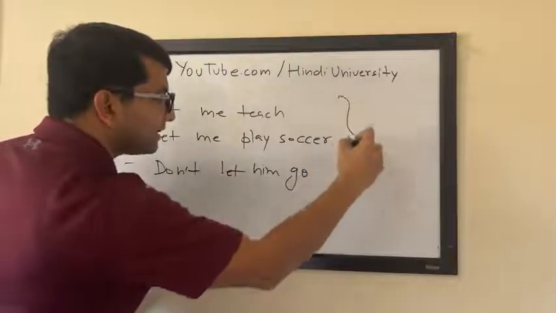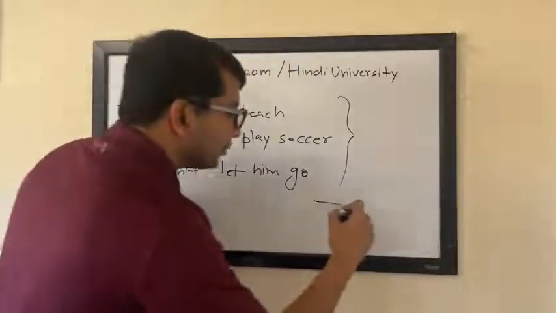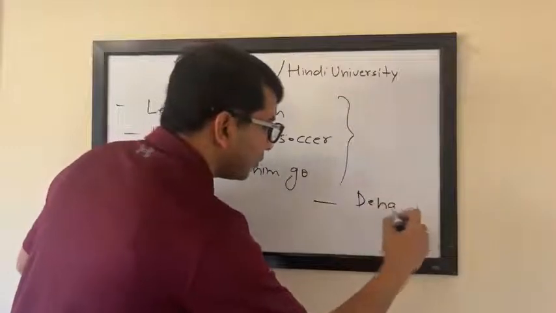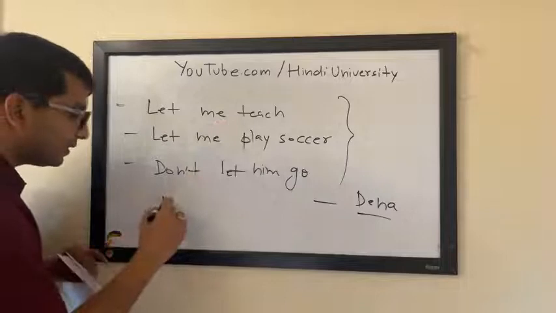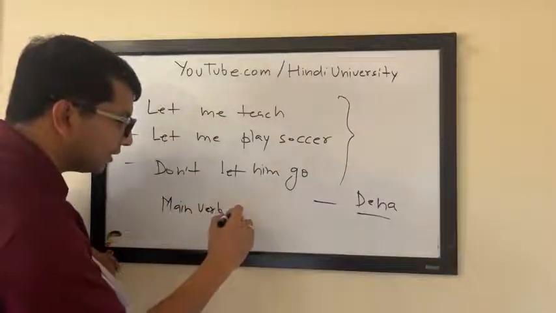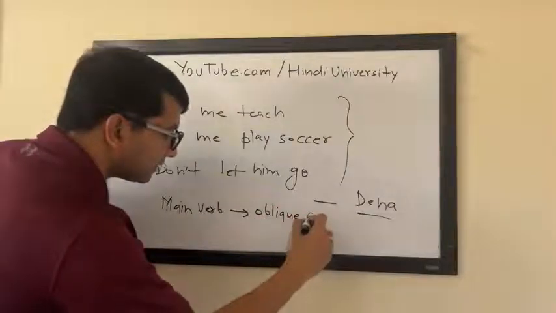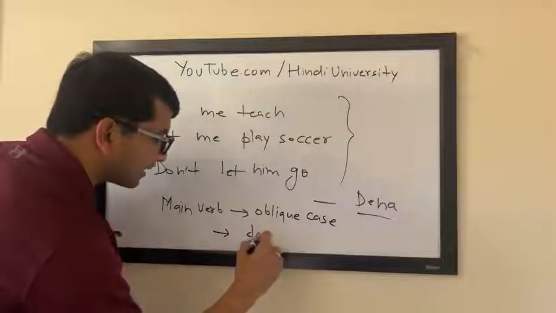Imagine all these kinds of sentences. For all of them, you end up using this word called Dena. And as I said, how will you do it? You will take the main verb in a sentence, change it into an oblique case, and add Dena next to it.